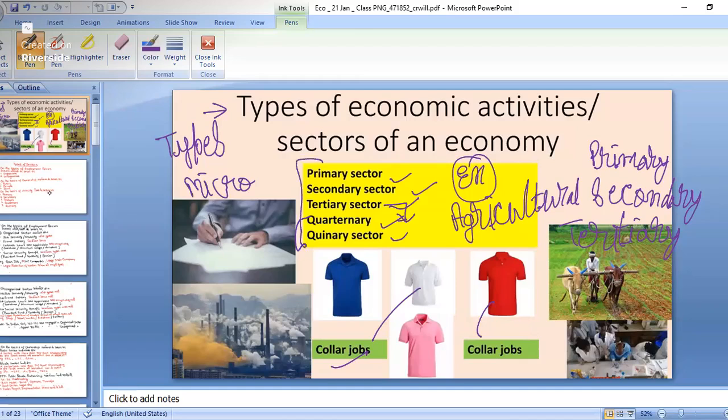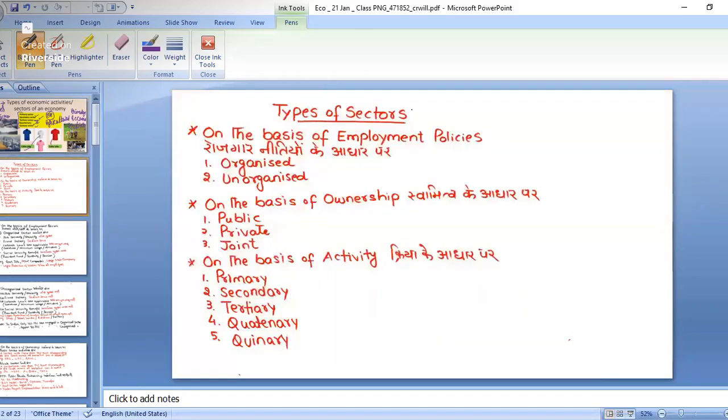So we'll see the different types of sectors. Sectors are divided on various bases. On the basis of employment policies, we have the organized sector and the unorganized sector. On the basis of ownership, we have three types: public sector, private sector, and joint sector.